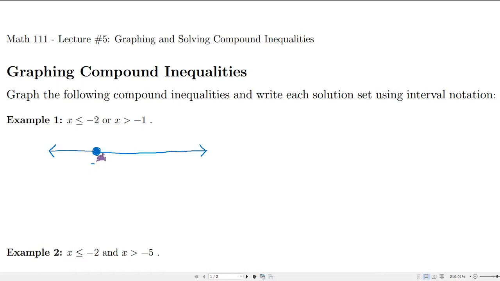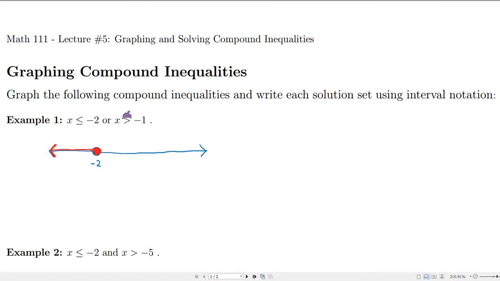for -2. And then, you know what, let me switch to a different color here. So let's say red. Okay, so solid circle here. And we're going to be x is less than or equal to this, so the x values would be over here.